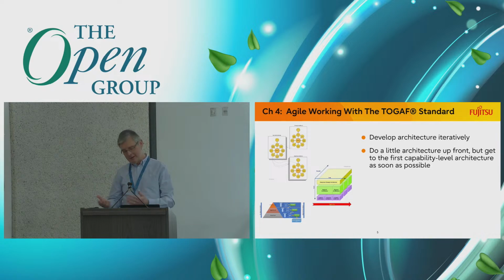So do a little bit of the architecture up front, but get to that first capability level, as it's described in TOGAF, that lowest level of architecture, the one that you then actually turn into implementable designs. Get to that as soon as possible, so that you can get into actually starting to construct the solution, getting something running.